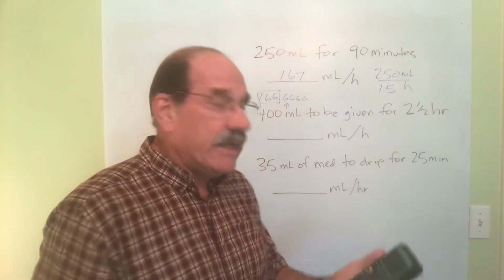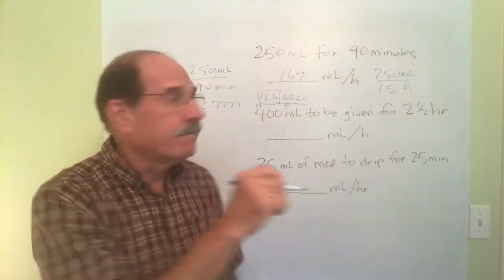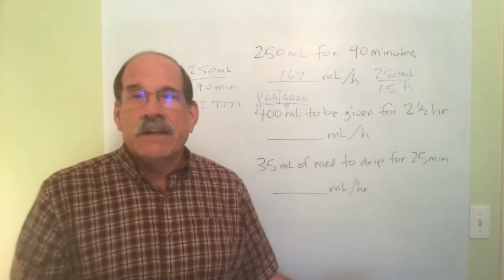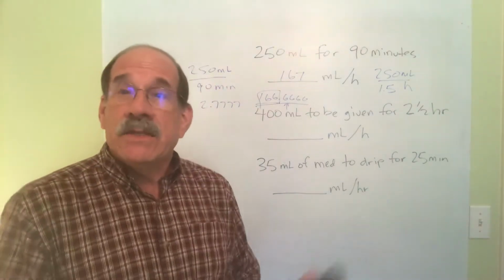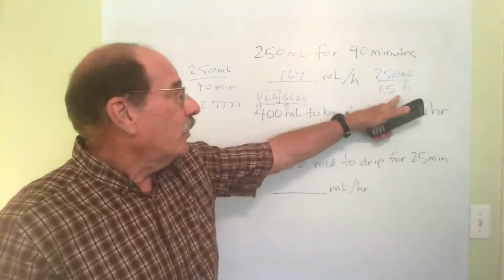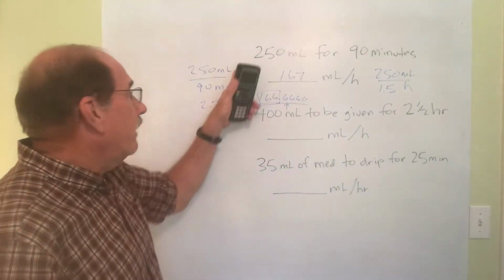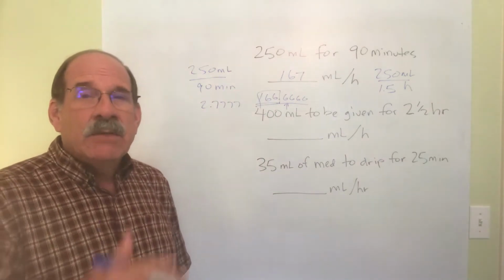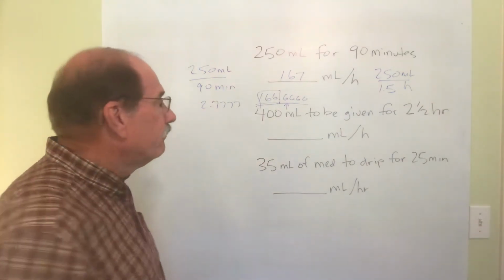Amazingly enough, it's 166.6. What a coincidence. It's the same answer. Either way, I hope you got this. Doesn't matter which way, just be consistent. If you're dividing by hours, that is mils per hour, and that's the answer. If you divide by milliliters per minute, you must then convert to mils per hour by multiplying by 60.